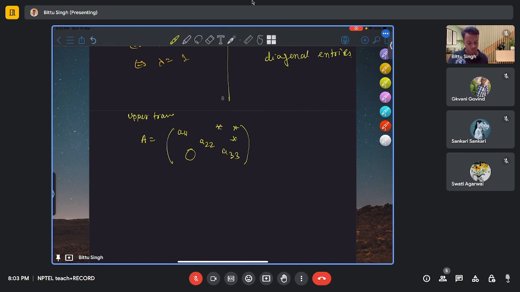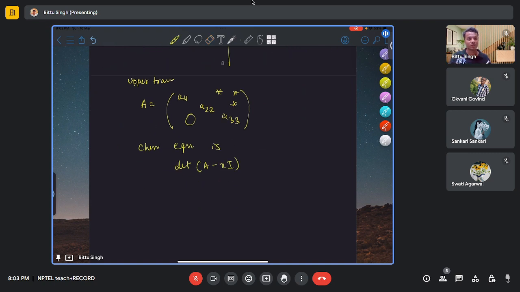Now the characteristic equation is the determinant of A minus lambda I, or instead of lambda, let us write x, because for an equation the variable is always denoted by x.